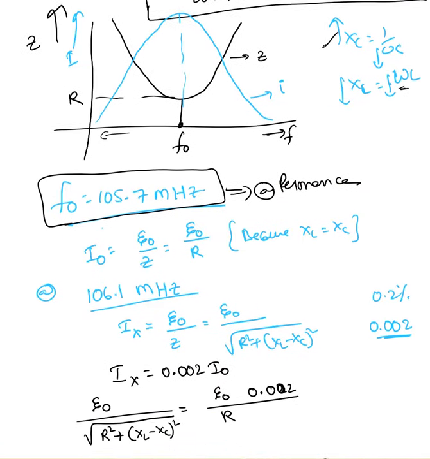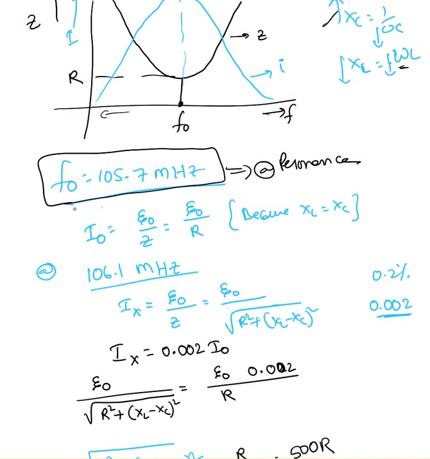So here, at resonant frequency we understand this. Now at 106.1 megahertz, let me take that current as Ix equals E naught over Z. That current must be only 0.2%, which when you convert it into an actual value is 0.002.